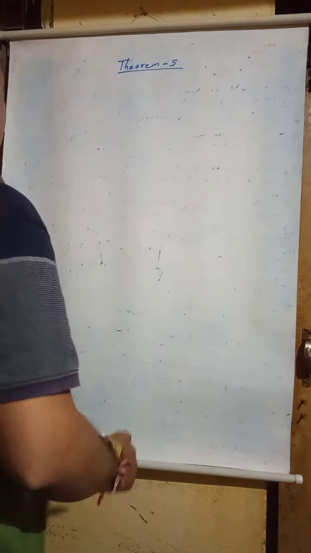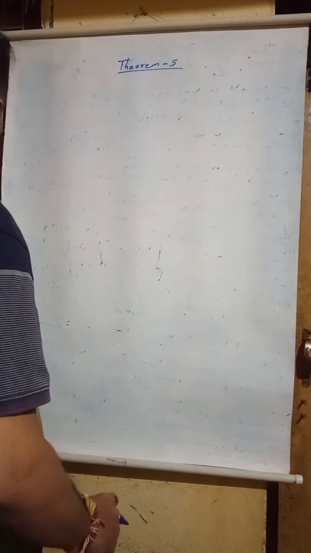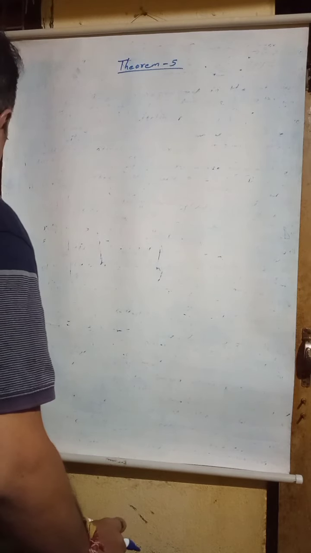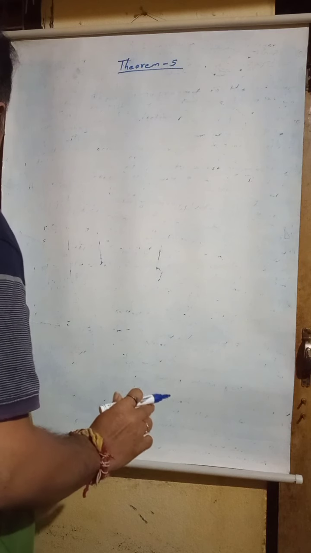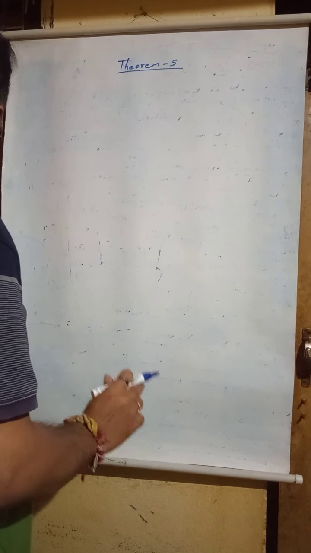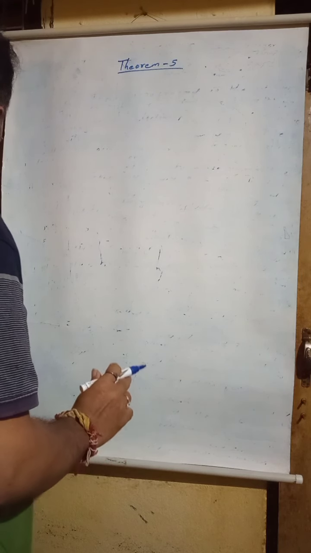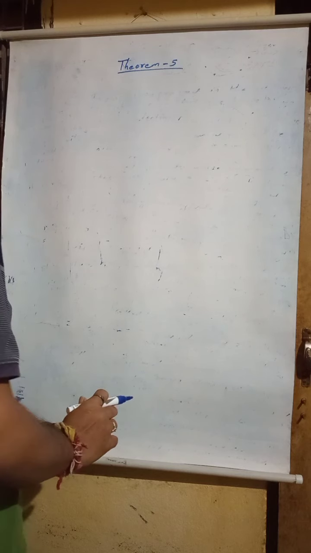So in this theorem, what is it saying? It is saying there is one and only one circle which passes through three given points not in a straight line.